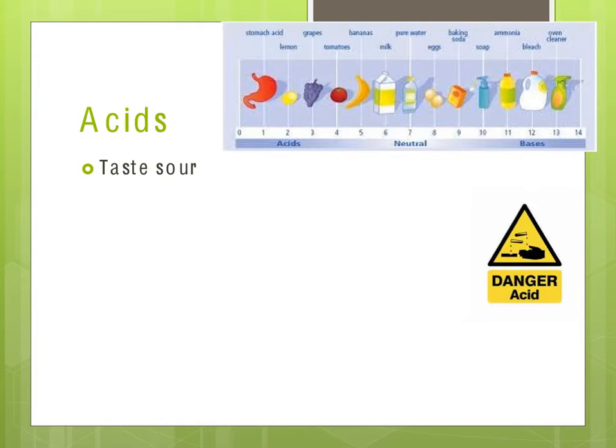Obviously, you're not going to want to taste every single acid you come across, but those that we do taste, they taste sour, like lemon juice or vinegar. These are acids that taste sour.